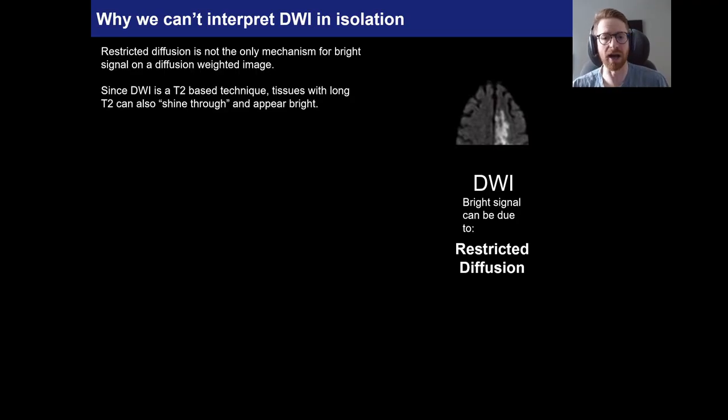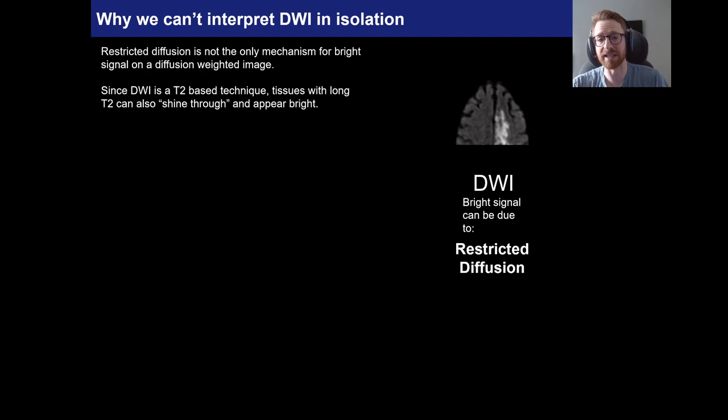Remember, T2 contrast comes from a long echo time, the time between the 90 and when we sample our signal at TE. So T2 weighted imaging comes from a long echo time and a spin echo, a 180-degree radiofrequency pulse positioned halfway between the 90 and TE. So the diffusion-weighted image pulse sequence is typically constructed that way.